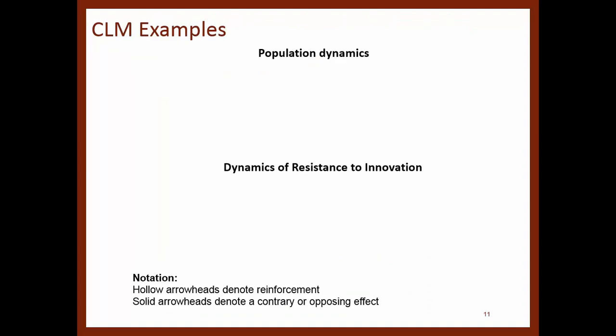So let's look at one example of what I'm trying to illustrate with these diagrams. There are two examples here, or two scenarios. One of them is used in population dynamics. So the idea is we're going to list some variables here, and we're going to try to connect the interaction from these variables.